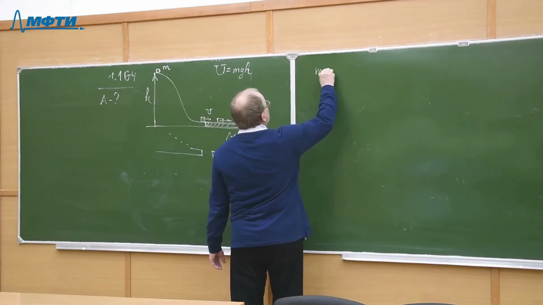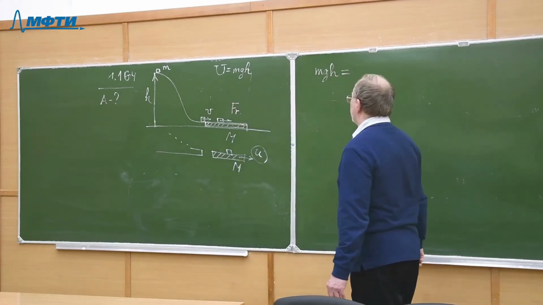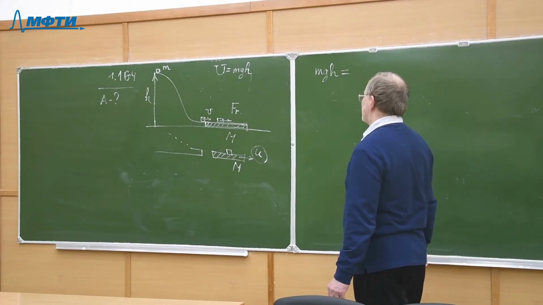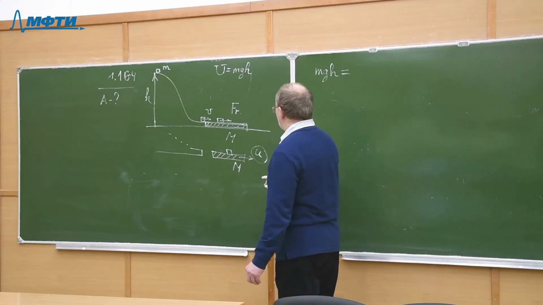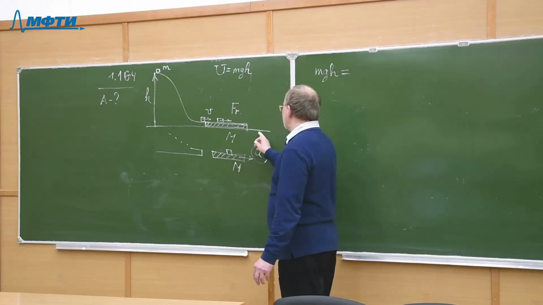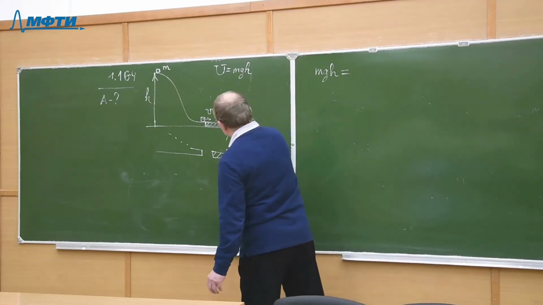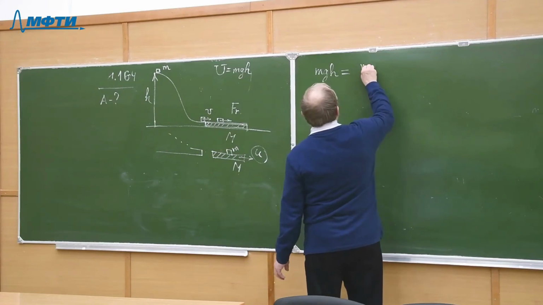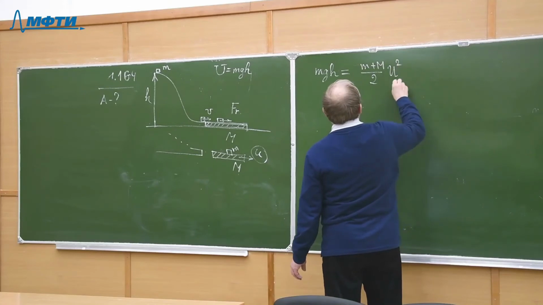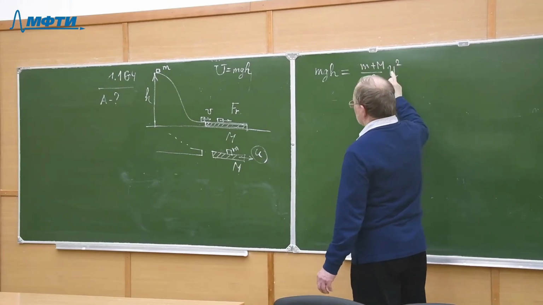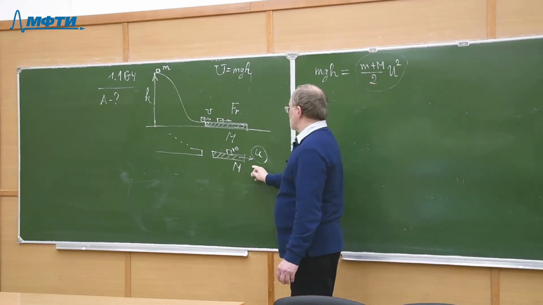Initial energy mgh will be transferred to a final kinetic energy of the system of bodies. A small disk of small m and capital M will move at some velocity u, so (m + M)u squared over 2 is the final kinetic energy of the whole system.